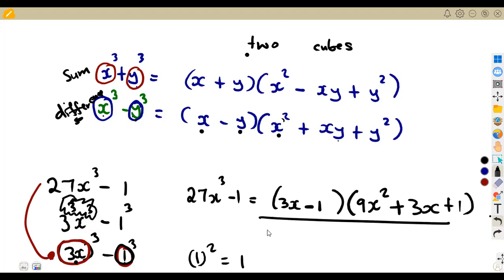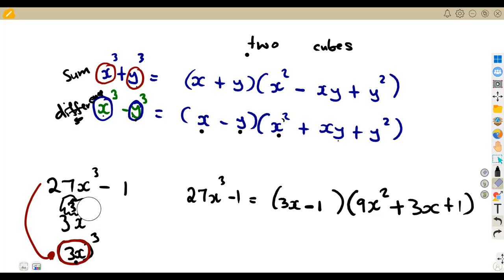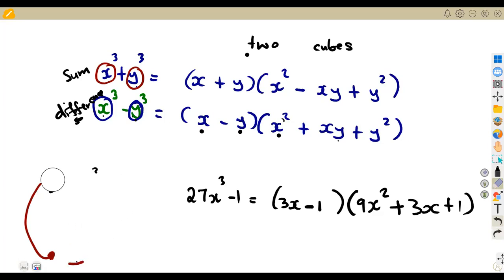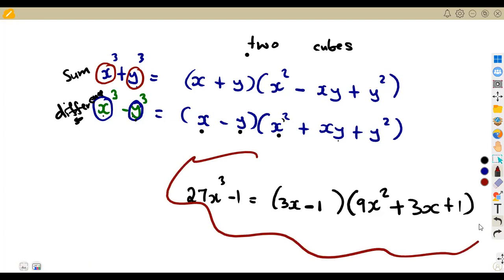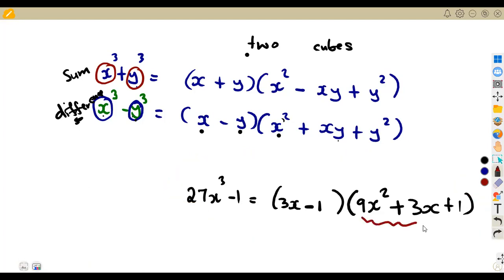So we have factorized this. Remember, to factorize is to put in brackets. So this is written in the simplest form. This is how we could have factorized 27x to the exponent of 3 minus 1. This part here is fully factorized. This one, you might ask yourself, okay, I'm seeing a trinomial having the exponent of 2, a quadratic. Can I not factor it?